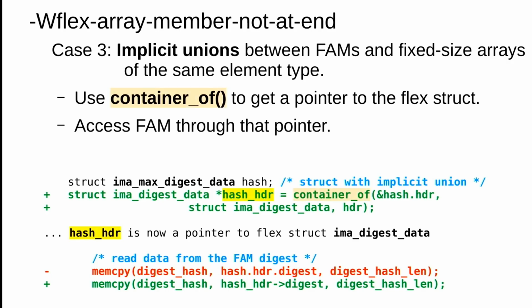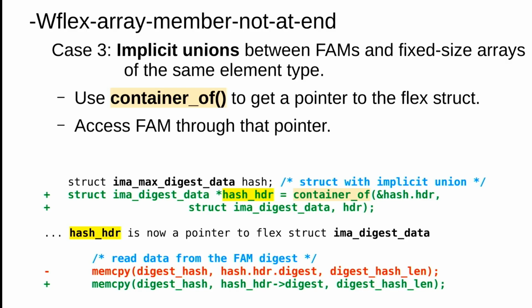We have container_of. Here we have to add a new pointer, whose type is that of the flexible structure. Then we pass the address of one of the members in the flexible structure. In this case, header would be that member.